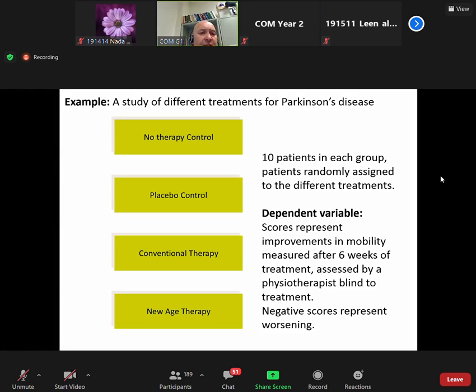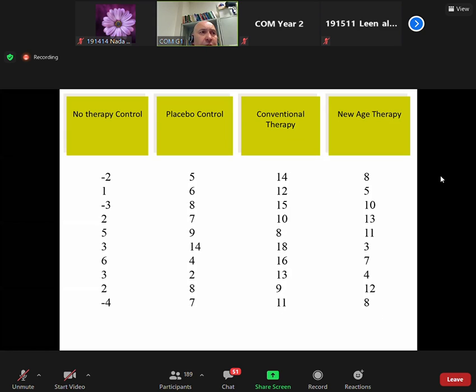If they get negative scores, it means that they are getting worse. So here are the numbers. No therapy control. These numbers are quite small, probably quite near to 0. Some are negative. Placebo control, you may be surprised to see that actually placebos are quite effective. They can improve mobility in some conditions.